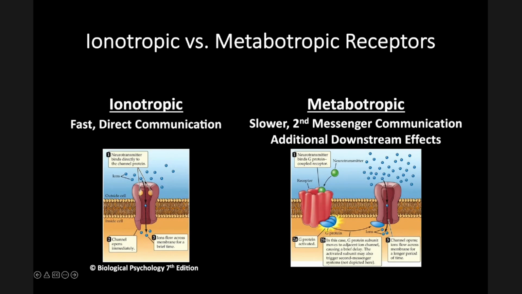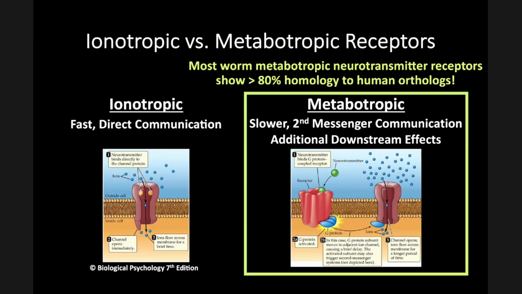So they open up, ions flow through them, and that basically activates or inhibits the neuron. And then we have this other type, which is called the metabotropic receptors, and they're slower. They have these second messenger communication effects that lead to a variety of additional downstream effects, but they have long-lasting effects, and they can even basically change a little bit the state of the nervous system.